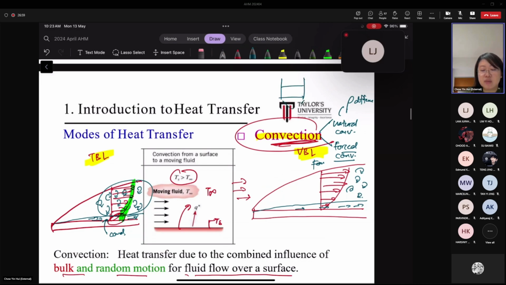For example, if you are heating a liquid, let me recall, take for example water. At high temperature, the density of water will decrease. So when this layer of fluid is heated, it will travel up.